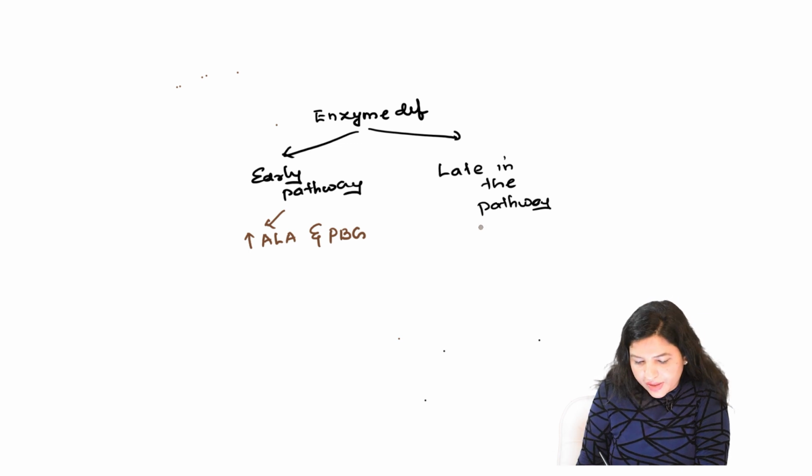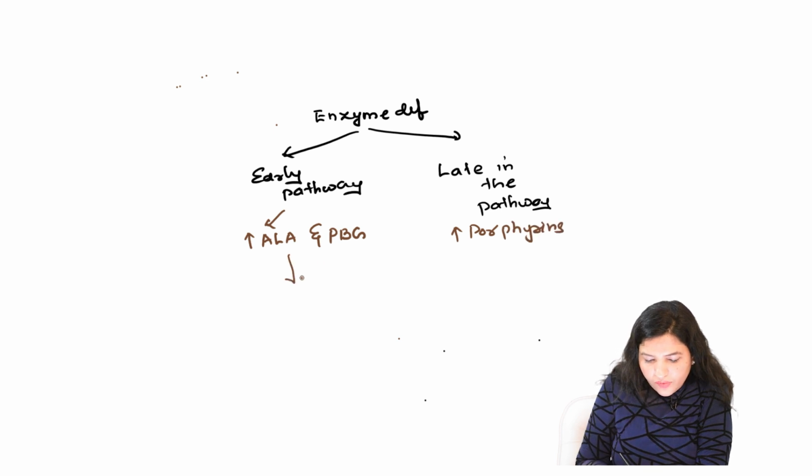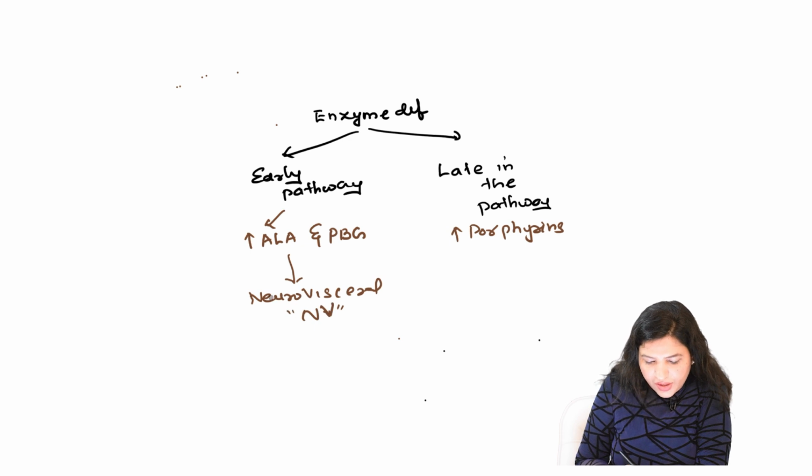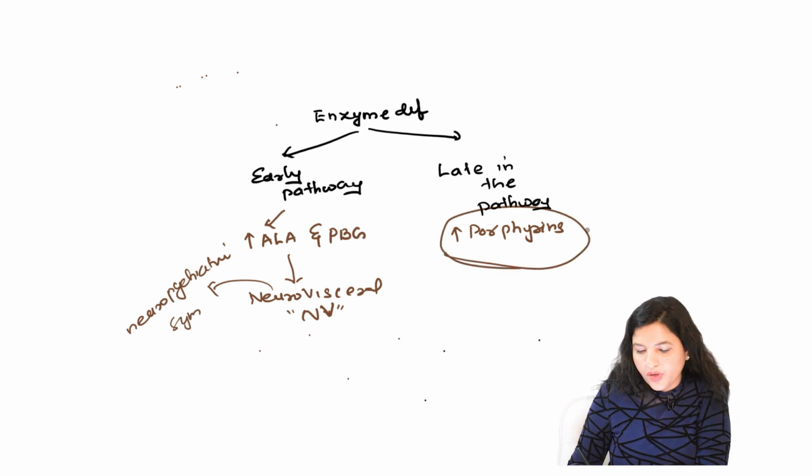If it is late in the pathway, then porphyrins accumulate. If ALA and PBG accumulate, we can see that there is neurovisceral, that is what we write in short form as NV, and this neurovisceral has the neuropsychiatric symptoms. If there are increased porphyrins, the manifestation is photosensitivity.